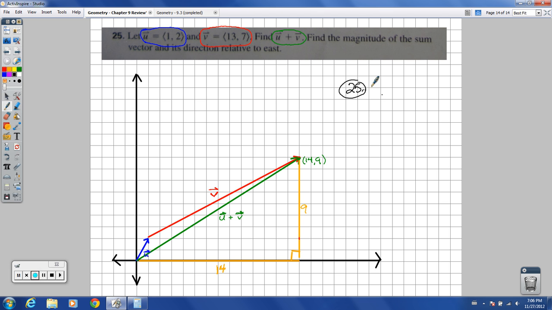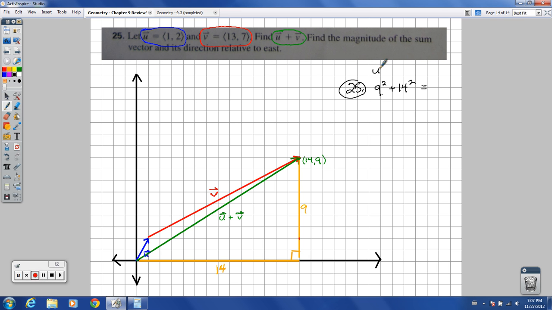I'm going to use the Pythagorean theorem though, so the magnitude of u plus v is going to equal the square root of 9 squared plus 14 squared.